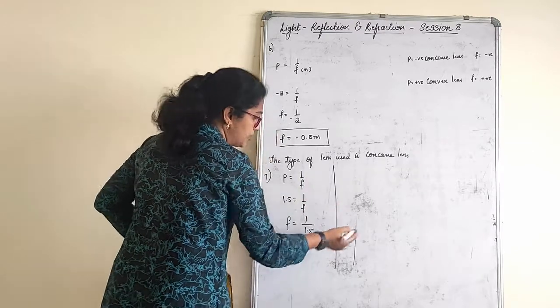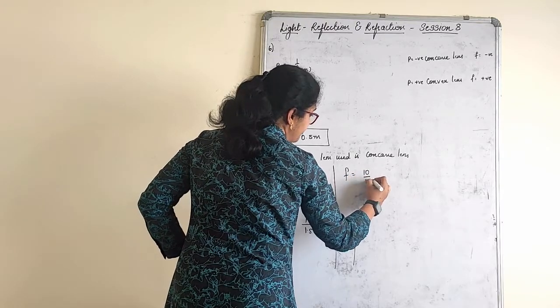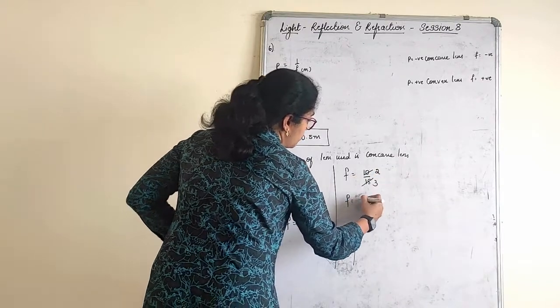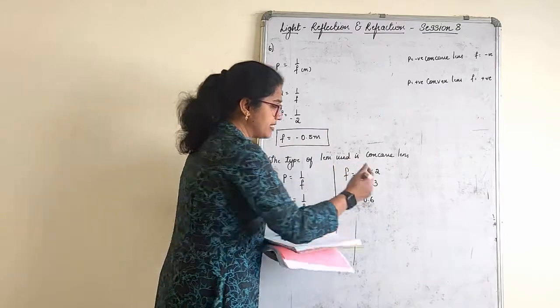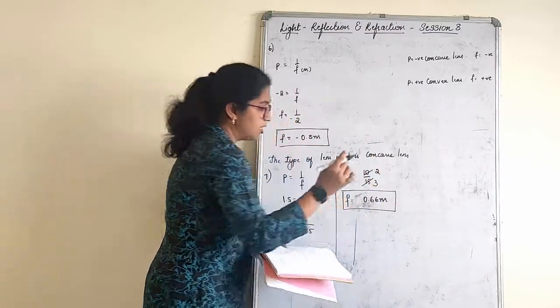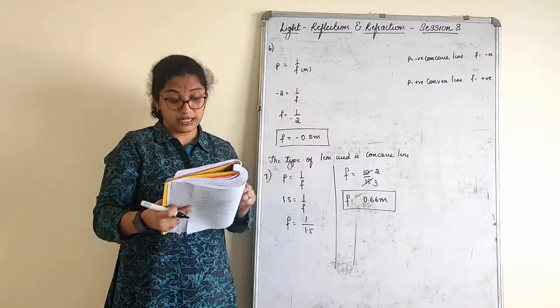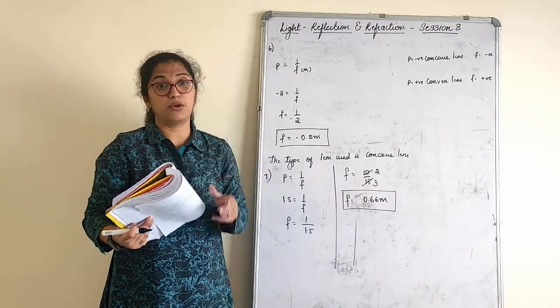Simple children, remove the decimal and do it. It will be much easier. So this is 10 by 15. 5 threes are 15, 5 twos are 10. So F is equal to 3, 6 are 18, 0.66 or 0.67 meter, anything. So the corrective lens prescribed here is a converging lens, because focal length is positive.